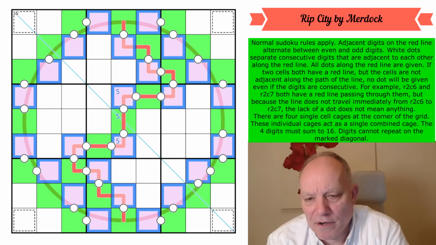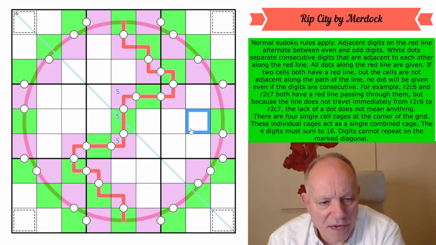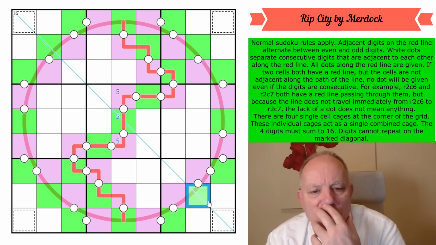That is obeying the parity rule, that adjacent digits on red lines alternate between even and odd digits. Well, I don't see 5 of one colour anywhere, which would tell us that they were odd. Not even on the diagonal, where interestingly we've got 3.